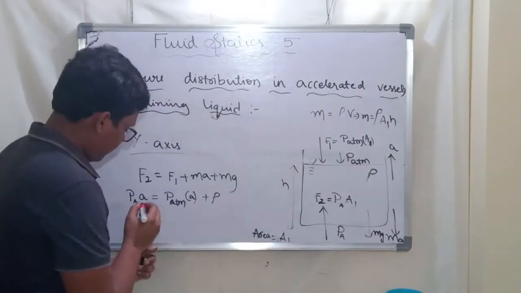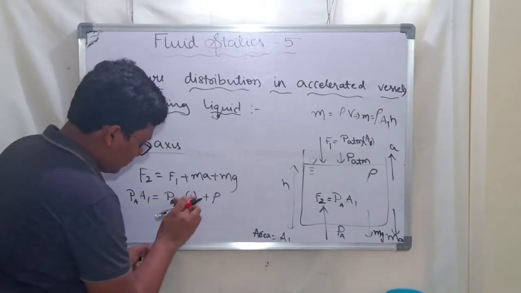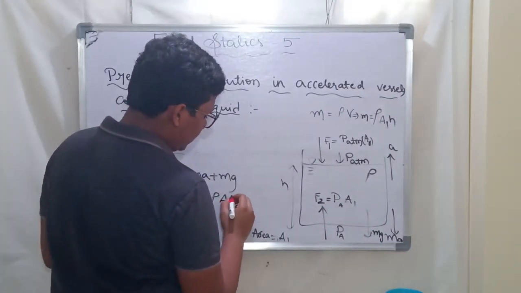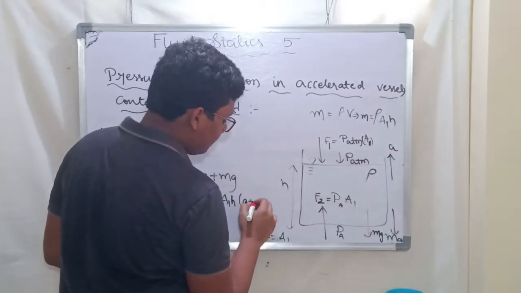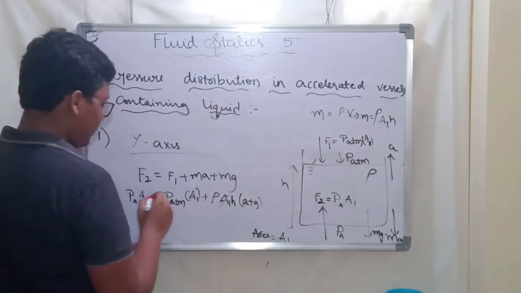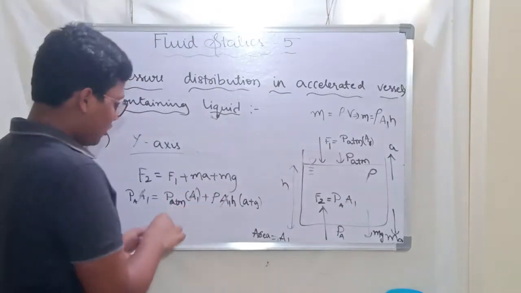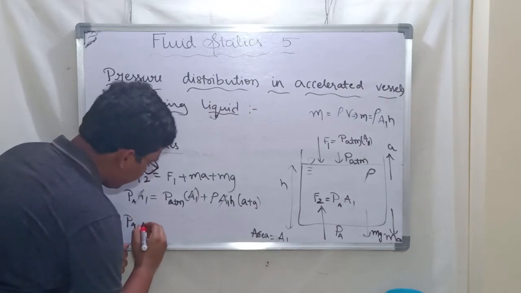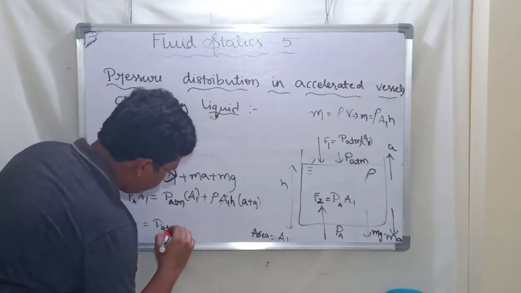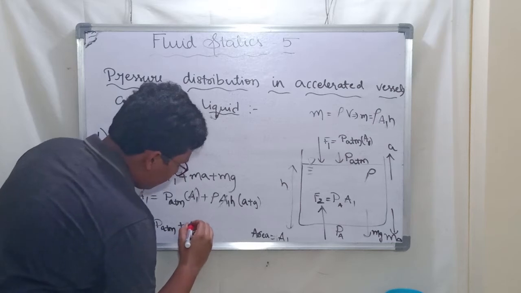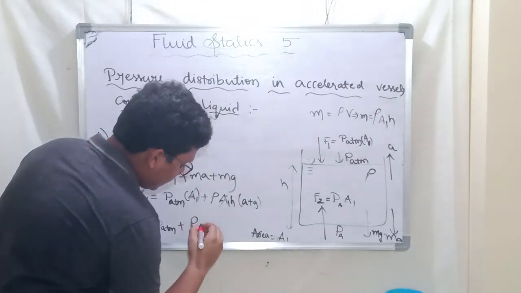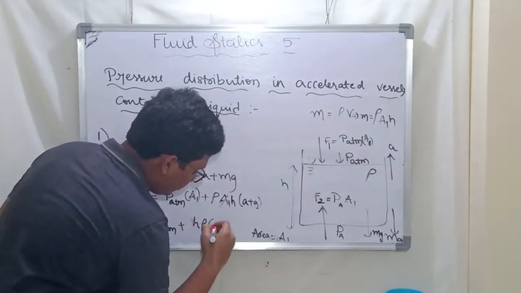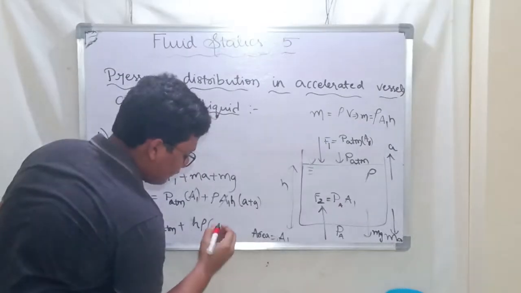Okay. A1 and A1. See, rho A1 into H into A plus G. A1, A1, we'll take common and cancel with this, and PA is equals to PATM plus rho H into effective gravity.